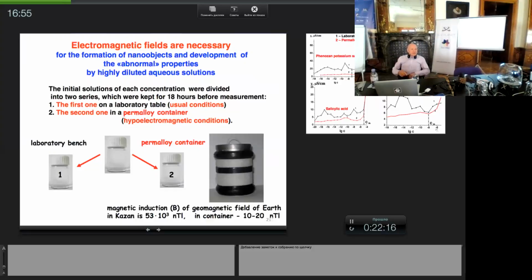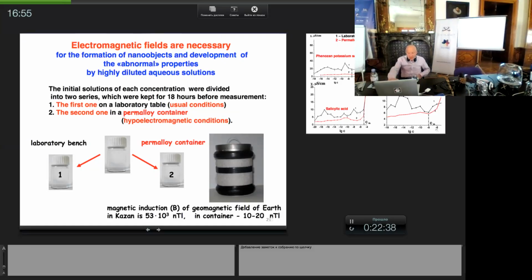Permalloy container is a material that totally blocks electrical fields and magnetic fields. So both electrical and magnetic fields are totally blocked. You understand? So it's not even a Faraday chamber, it's much stronger than this. But it's a little sample, so it's easy to do.